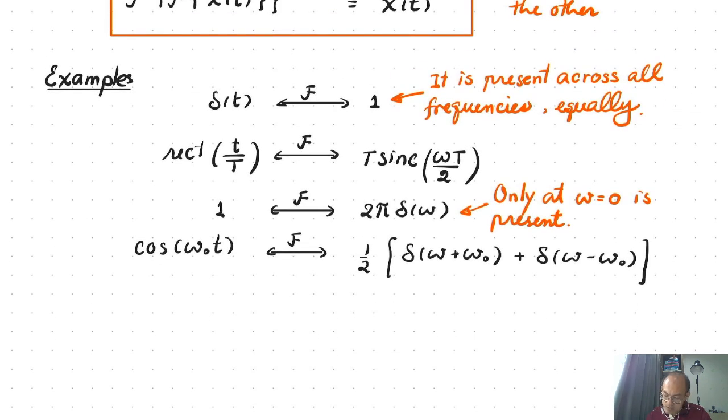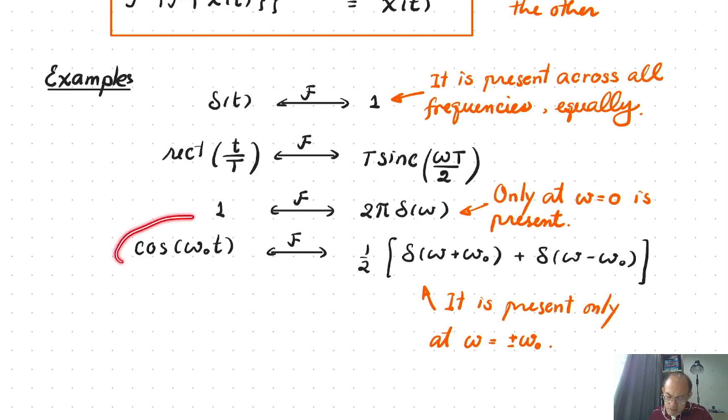And as for the cosine, it is present only at omega equal to plus and minus omega zero. Which makes sense because after all, the sinusoidal signal has a frequency of omega zero, right? So it should be present only at that frequency, which is omega zero.